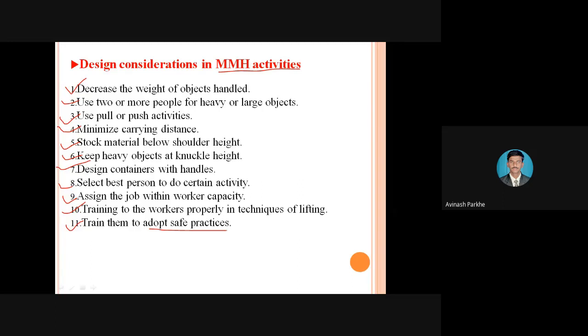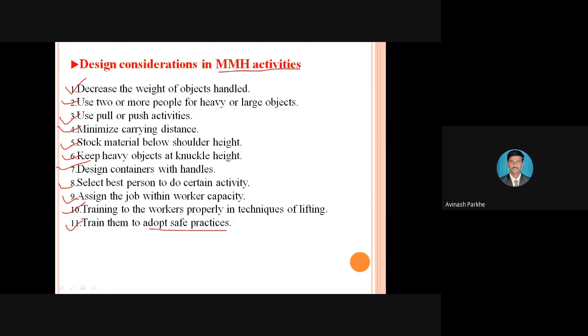So these are the various design considerations which we have to consider in manual material handling activities. These design considerations are applicable wherever the operators are working. They are not applicable to material handling equipment.